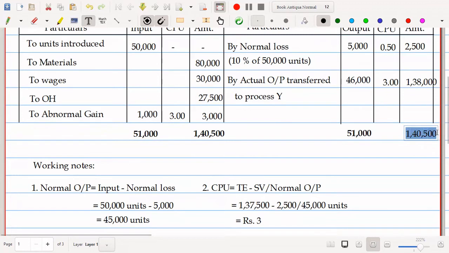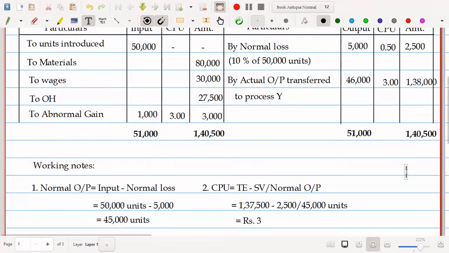Just have a look, add it and see. This is the process X account.